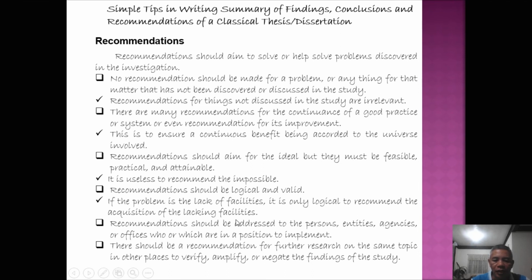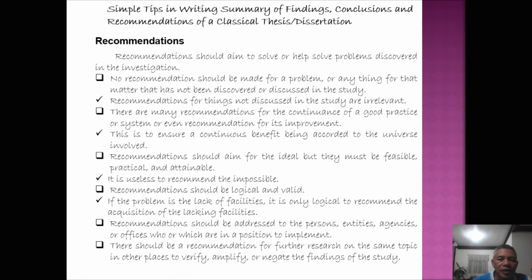Recommendations should be addressed to the persons, entities, agencies, or offices who or which are in a position to implement. And there should be a recommendation for further research on the same topic in other places to verify, amplify, or negate the findings of this study.